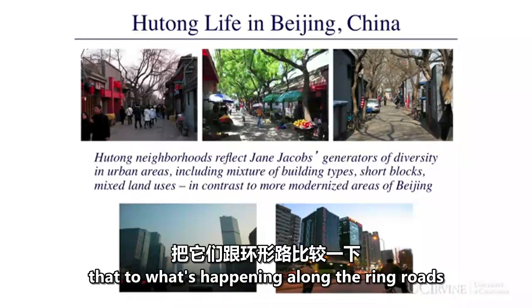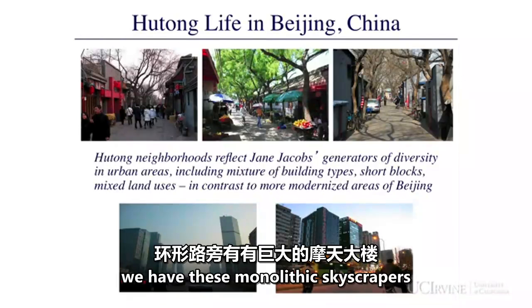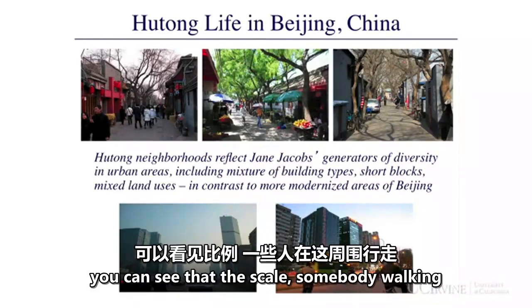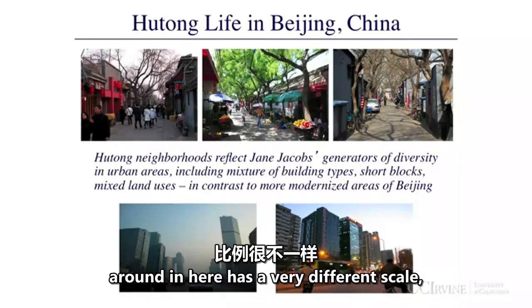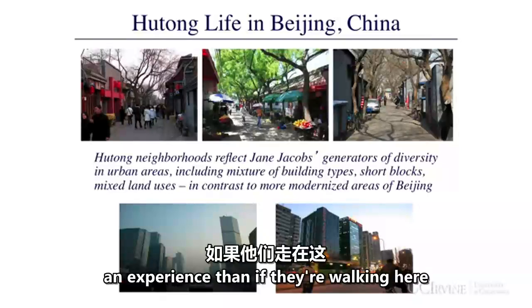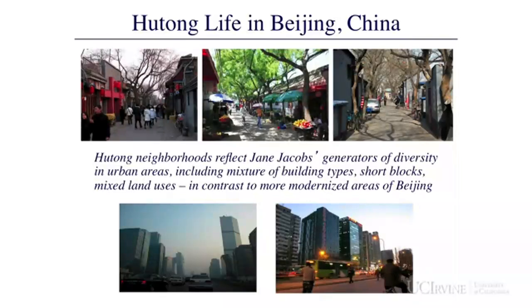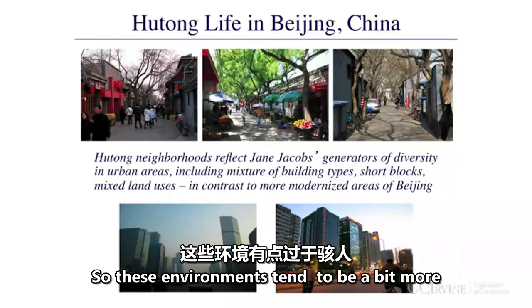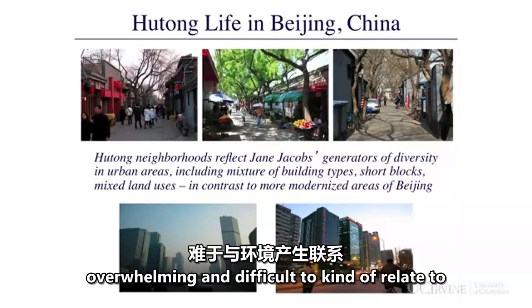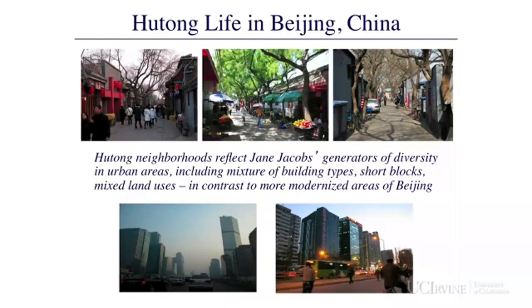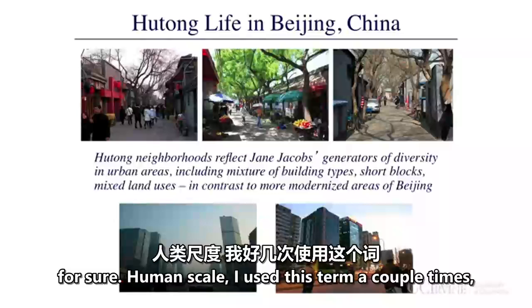And when you compare that to what's happening along the ring roads, where you have these monolithic skyscrapers, you can see that somebody walking around in here has a very different scale and experience than if they're walking here and the environment is more scaled to their dimensions as a pedestrian. So these environments tend to be a little bit more overwhelming and difficult to kind of relate to, even though they have their economic advantages for sure.